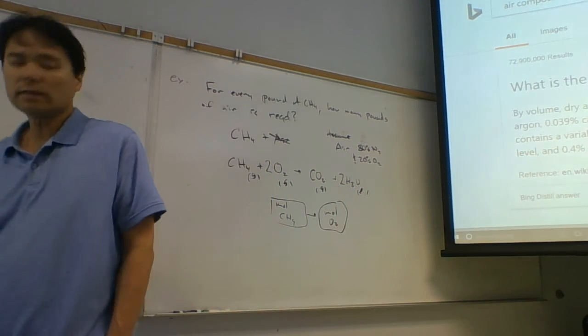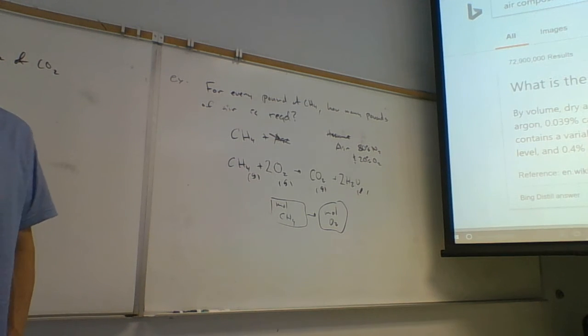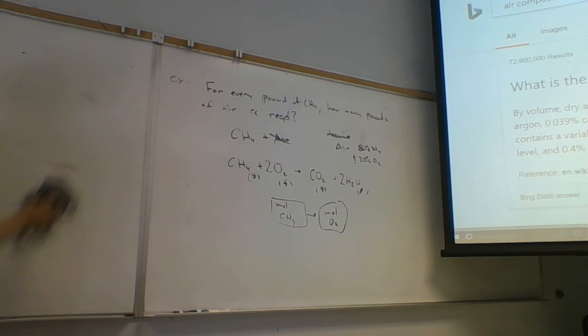Now, is that a percentage by mass, or is that a percentage by mole? What do you think? It's very important, because what does that mean here? Well, it says by volume. But let me tell you this.